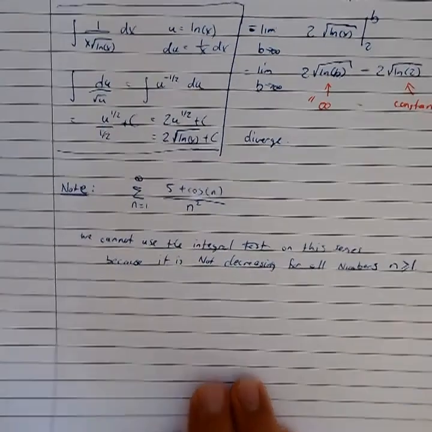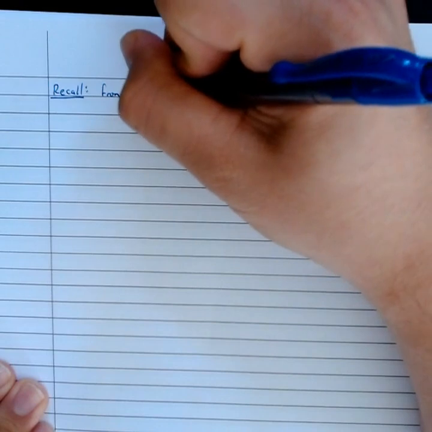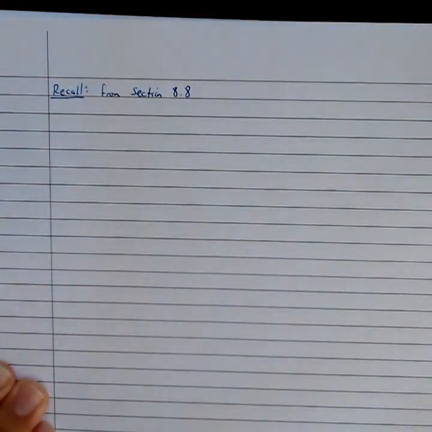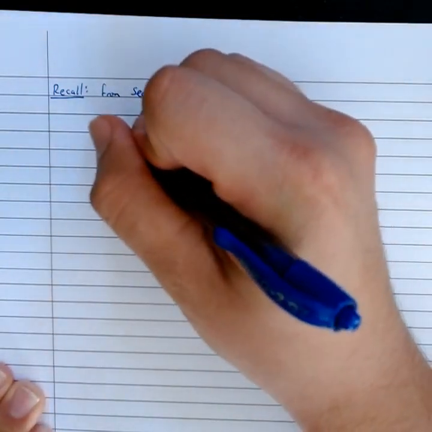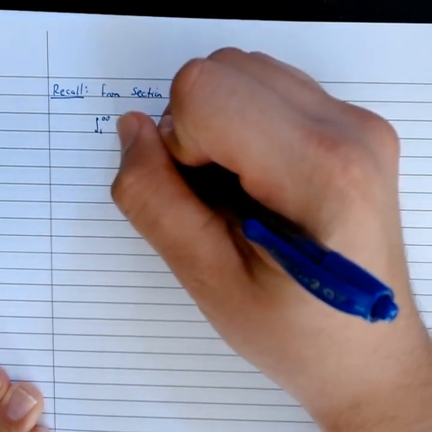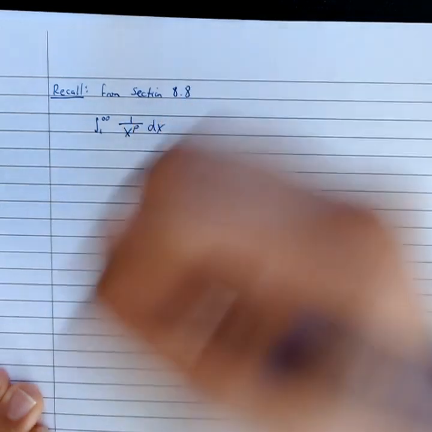So now that brings us to what we call the p-series. Let's recall back from chapter 8, there was a result that we got in, I believe, section 8.8. It was one of the very last things we see in that section, and that was the integral from 1 to infinity of 1 over x to the power p dx.